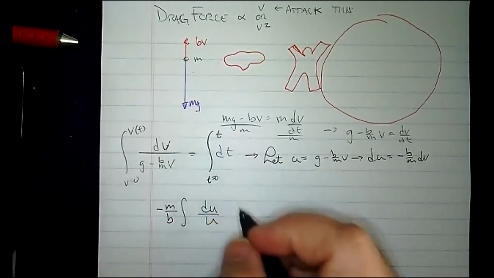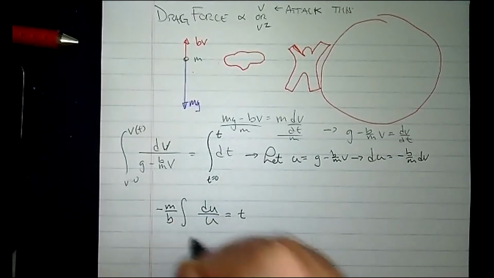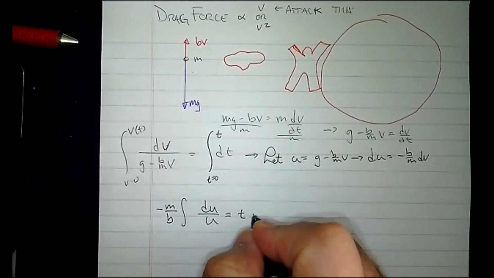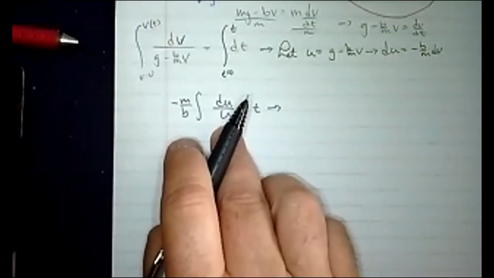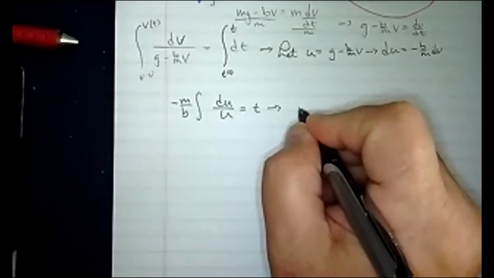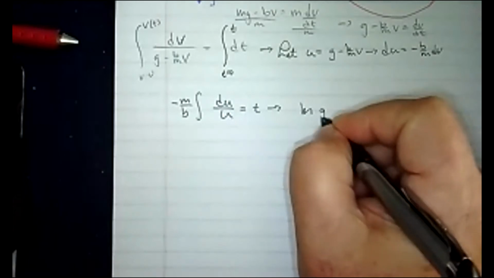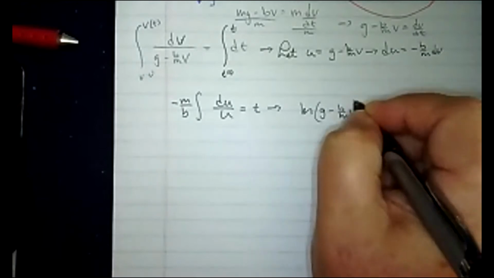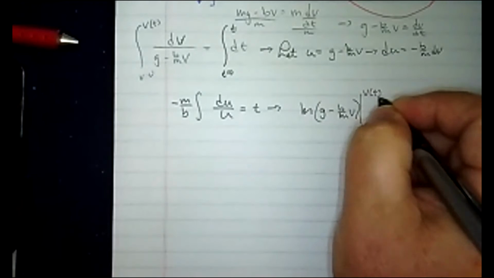And of course, the integral dt is just going to be t, so I'll just put that over here to the side. And the range of integration is actually in terms of v, so I'll just leave that for right now. Now, if I take the integral of this, that's just the natural logarithm. So I'm going to go ahead and write ln of g minus b over m times v, and that's evaluated from v equals 0 to v of t.